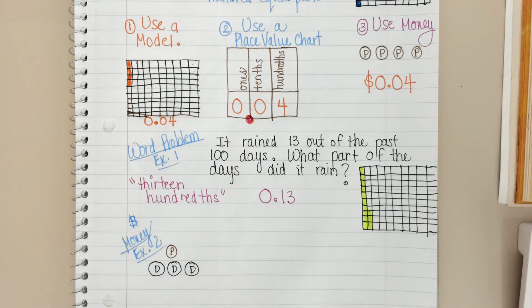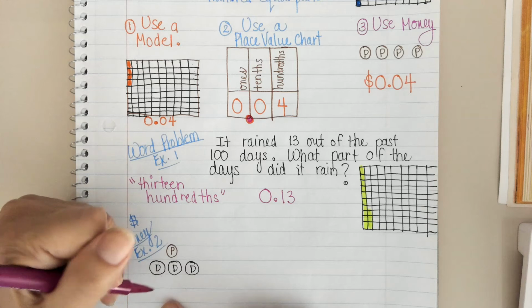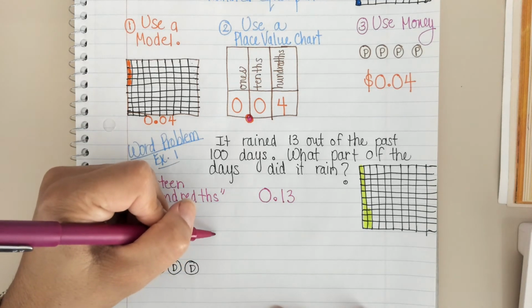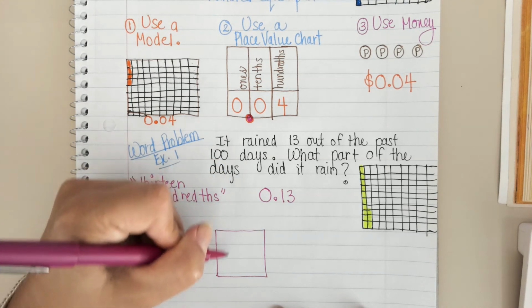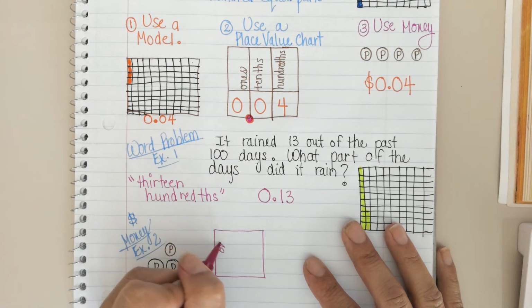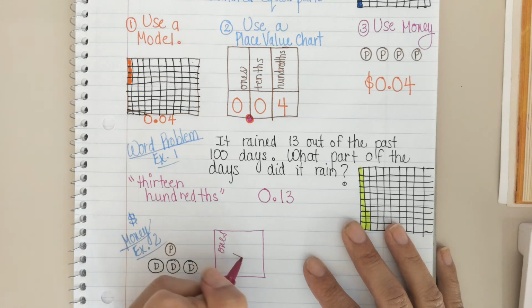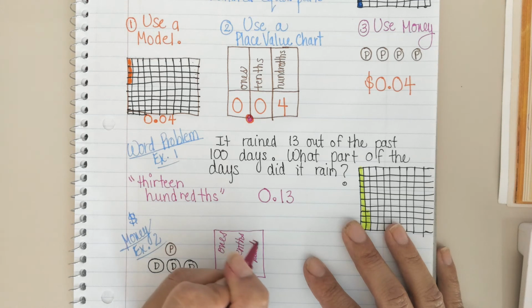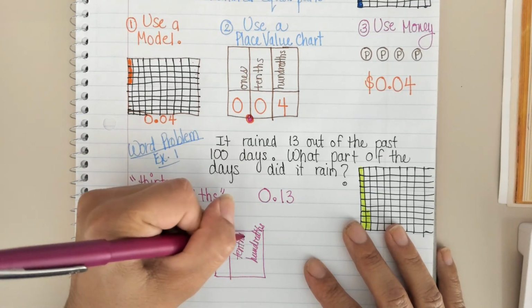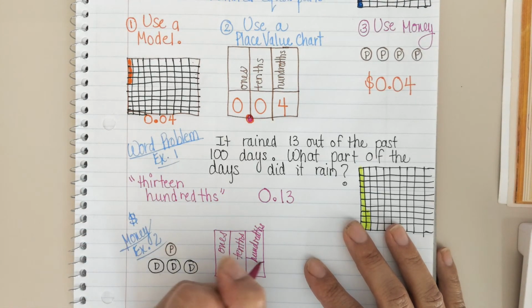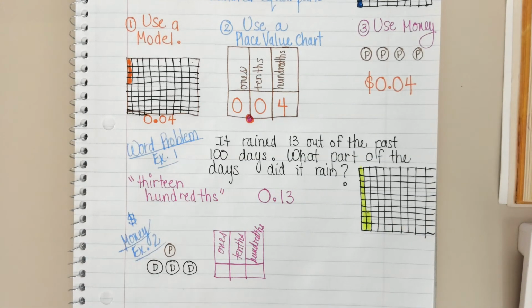Okay, and I'm going to make a place value chart for this one. Ones, tenths, hundredths. And again, we have no dollars.